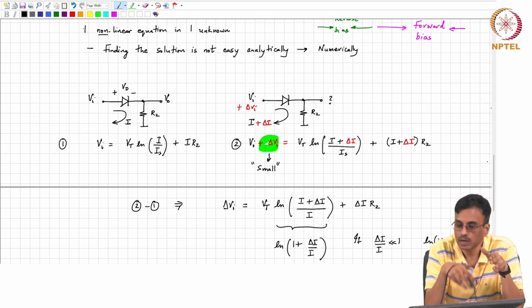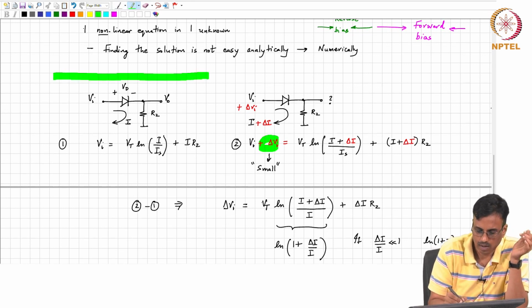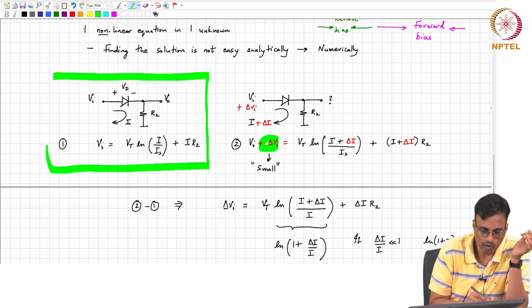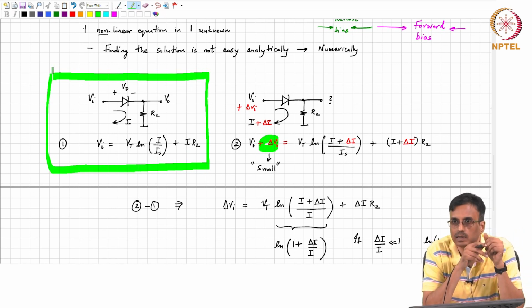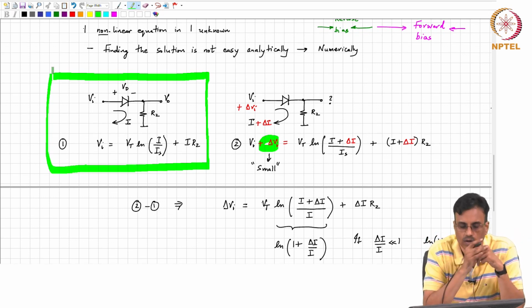What did we do here? What did we plop into MATLAB? Yeah, we basically wrote KVL and KCL equations and dumped those equations into a nonlinear solver, right.